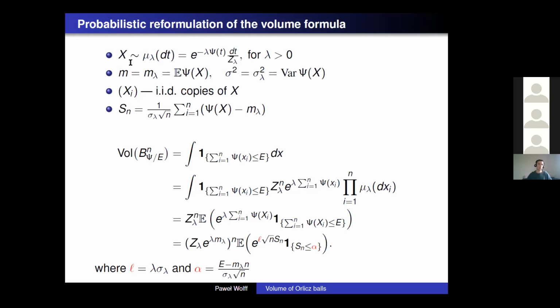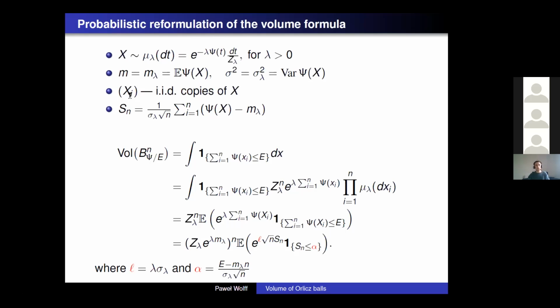Let's now denote by X a random variable on R which is distributed according to this distribution. So now m, or m lambda, is just the expectation of psi of X, and the same with the variance.